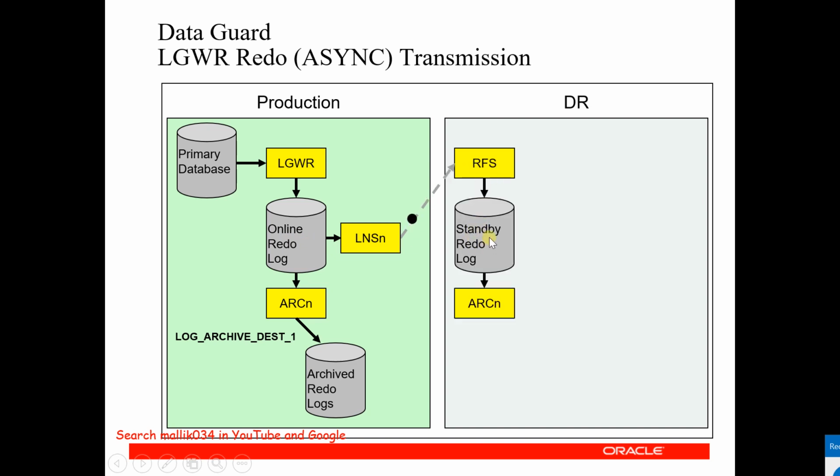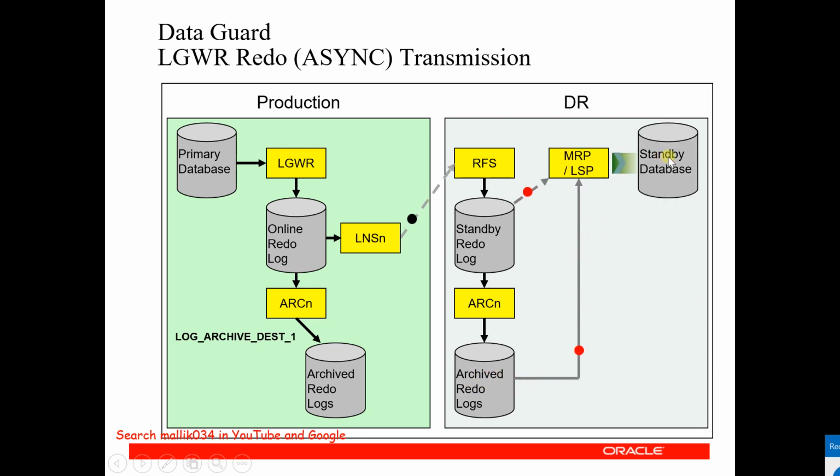RFS writes into standby redo logs, and standby redo logs are archived into standby archives, which you apply to your standby database using the MRP process, or you apply directly from the standby redo log to your standby database.